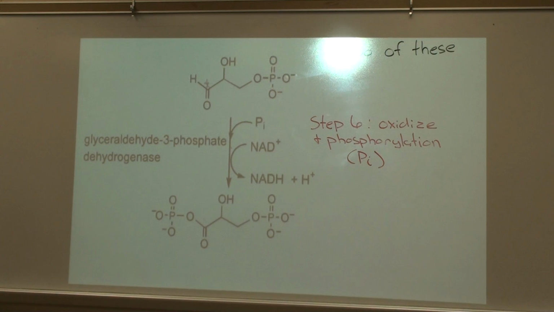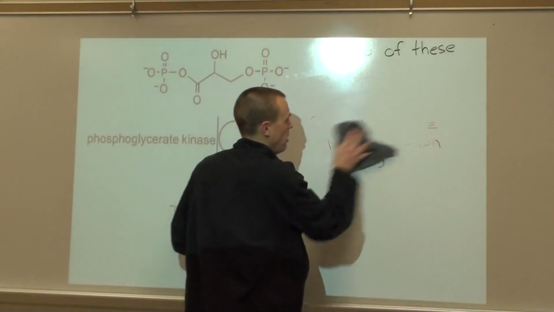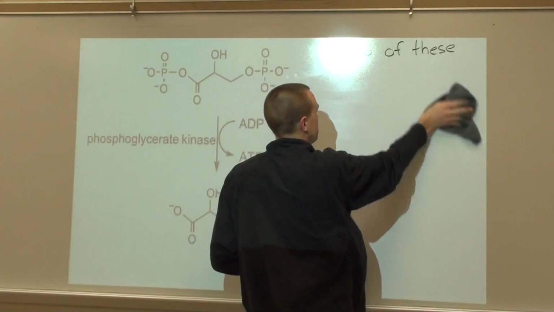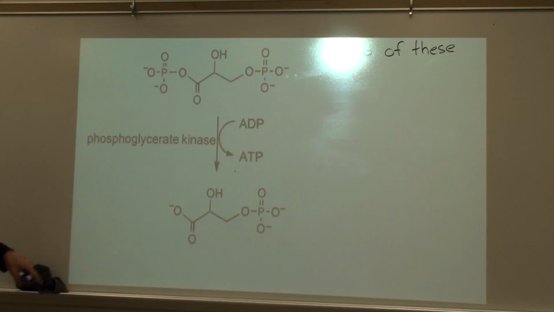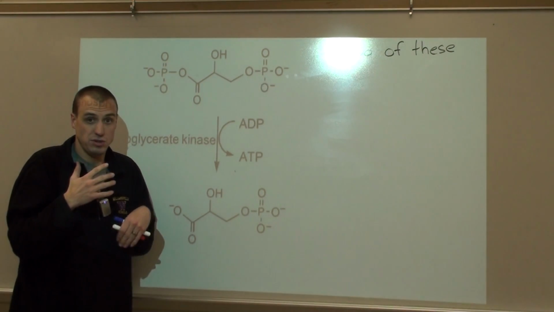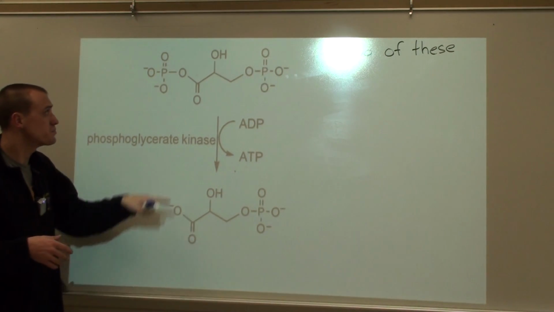So we're ready for step number 7. So for step 7, we start out here with our molecule that was produced in step 6. And again, we still have 2 of these. So with this, we are ready to get that payoff. We're ready to get that energy back that we invested.